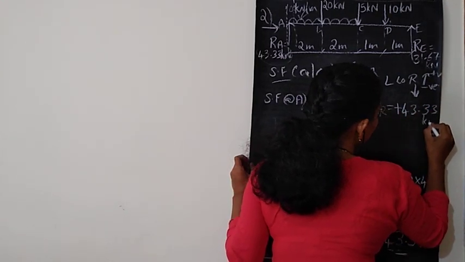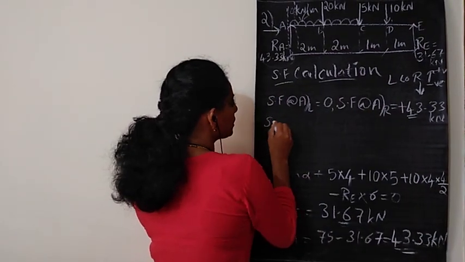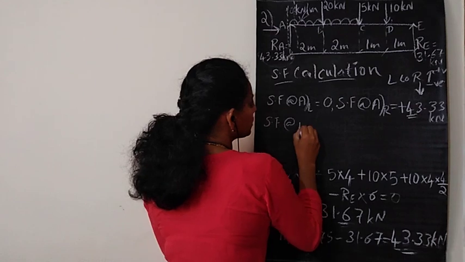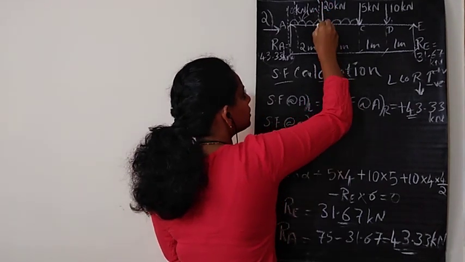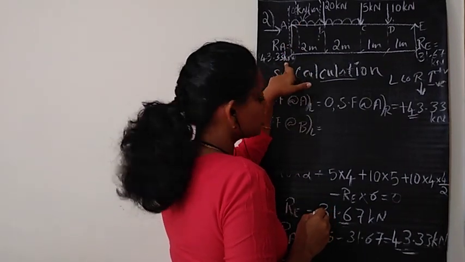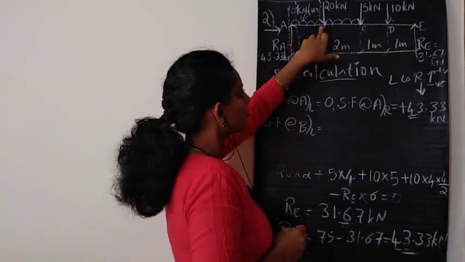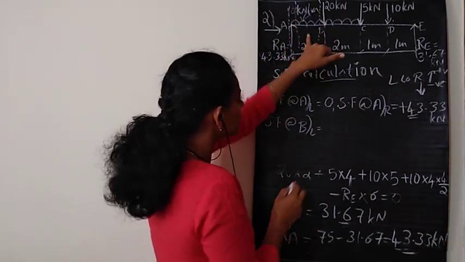43.33 kilonewton. Next will come point B, shear force at left of B. Left of B is here. So you will have here 43.33 kilonewton, and half of the UDL, up to 2 meter of UDL you have to consider.